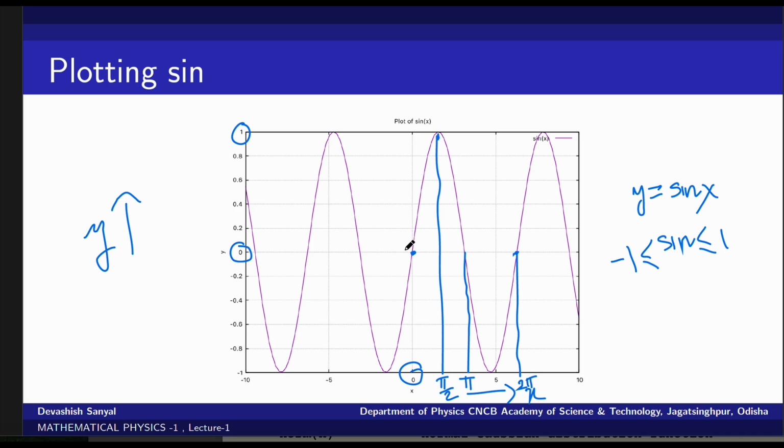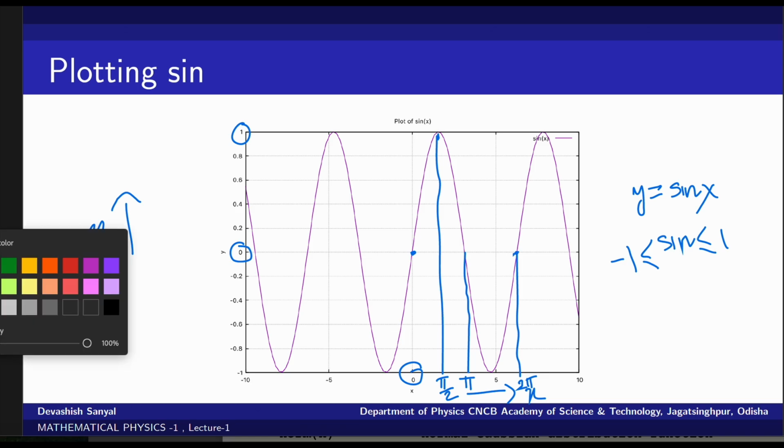So you can see that it goes up and then comes down, attains 0, goes down, and again reaches 0 and goes up. So there is repetition. Let us change the color here.